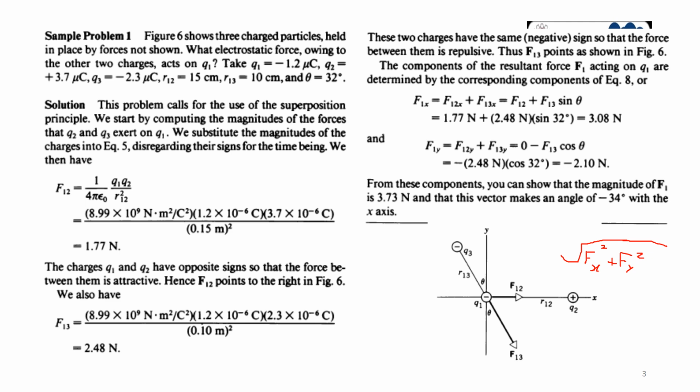Okay, so this is the formula of resultant F. So we can find the resultant value. The resultant value will be 3.73. Okay, now further move on to the next.